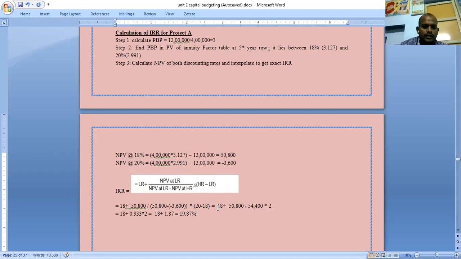So it comes around 19.87. So the IRR is 19.87 for project A.